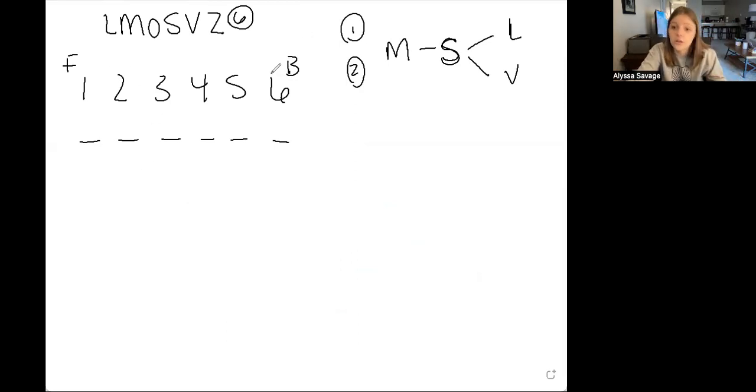So the earliest S could go, if it has to have 1 before it, is 2. And the latest that it could go, if it has to have 2 after it, is 4. So now, instead of S being anywhere from 2 to 6 or from 1 to 4, it's actually restricted to 2, 3, and 4.